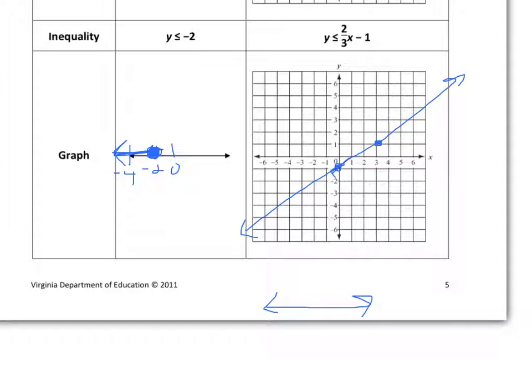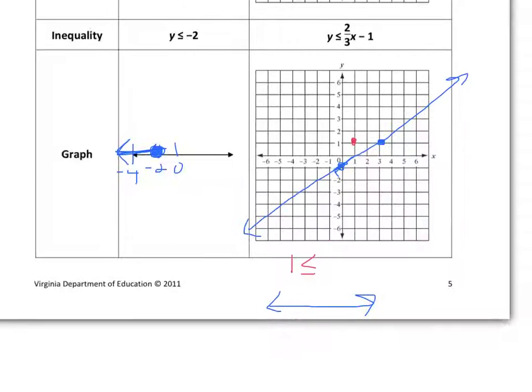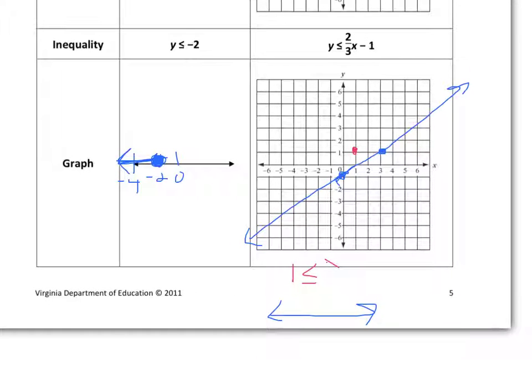Okay, and here I'm going to choose a point. Okay, I usually like to choose 1, 1. So you can always use this unless the line is going through 1, 1, and then you won't know what side to shade in, okay? So I'm going to fill in the point 1, 1 into my equation. So 1 is less than or equal to 2/3 times 1 minus 1.